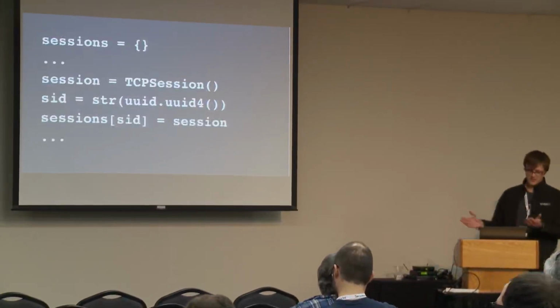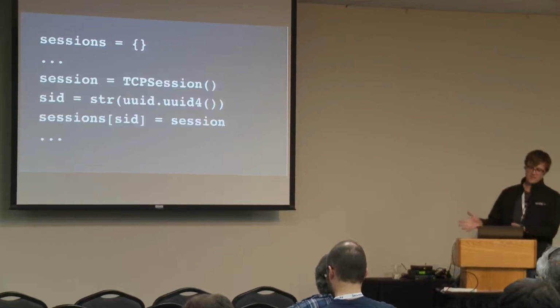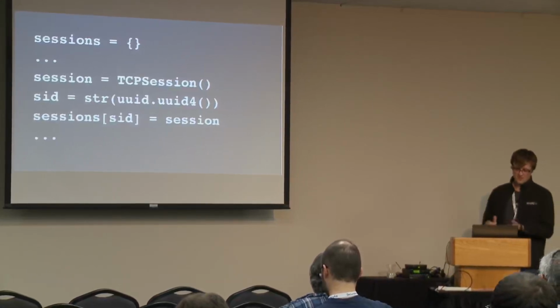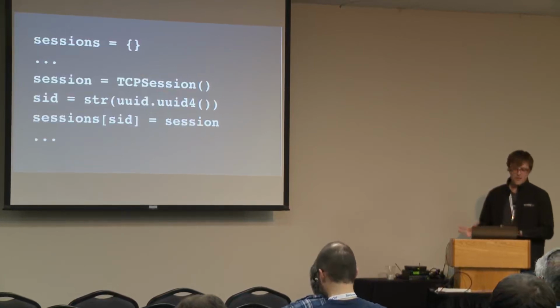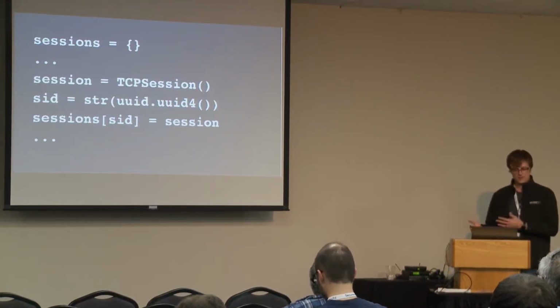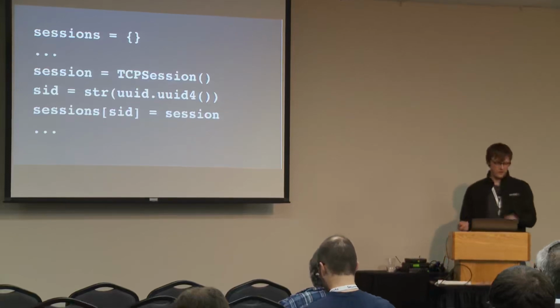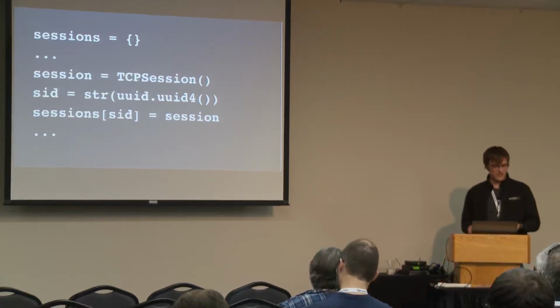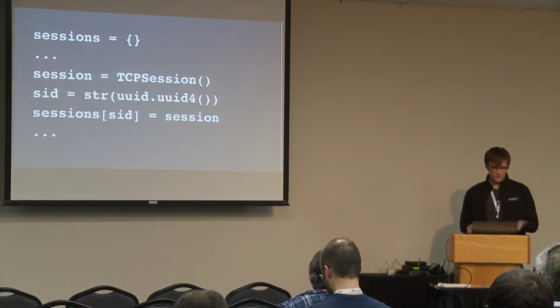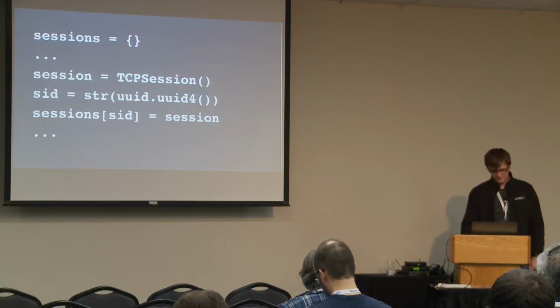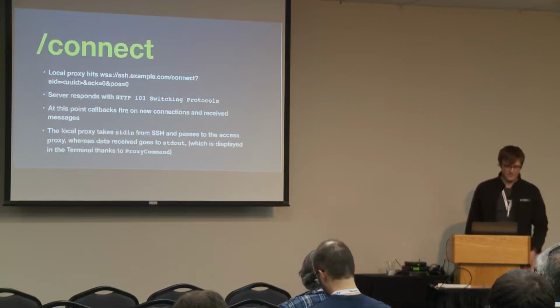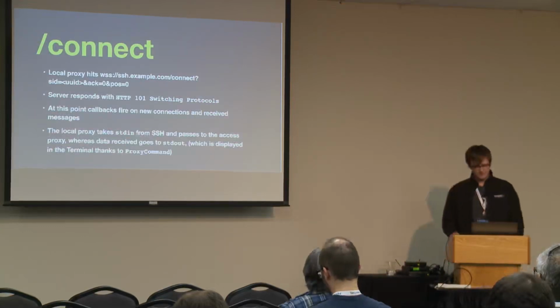So you can imagine we have a sessions object that we just keep in memory, maybe as a global variable. When a client hits /proxy, we create one of these sessions, assign it to that UUID, and add it to the sessions object that we're keeping in memory. It's simplified, but that would basically do it.